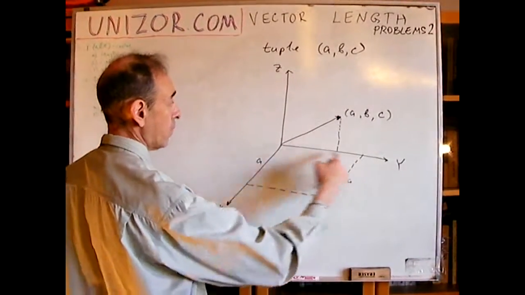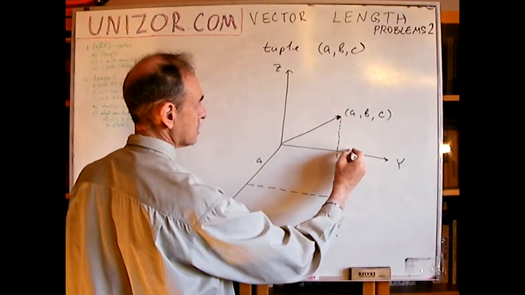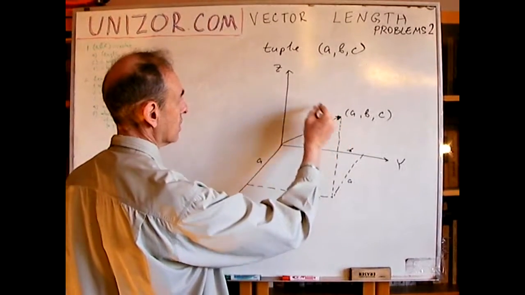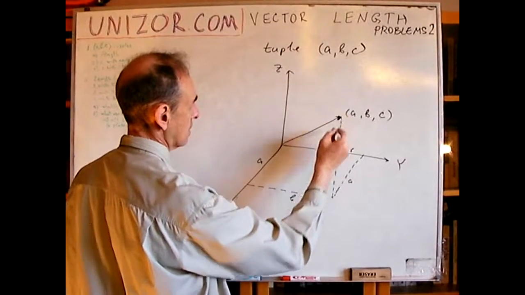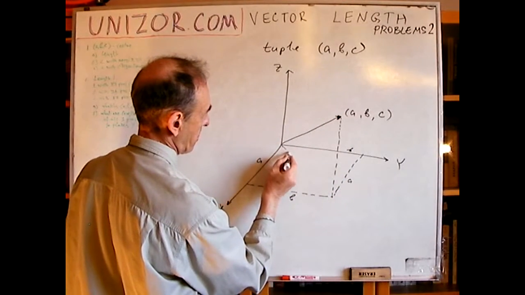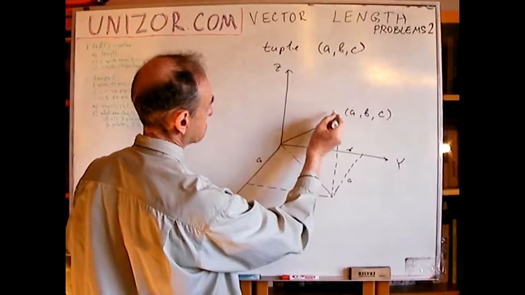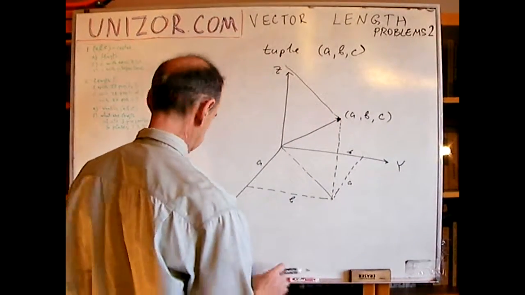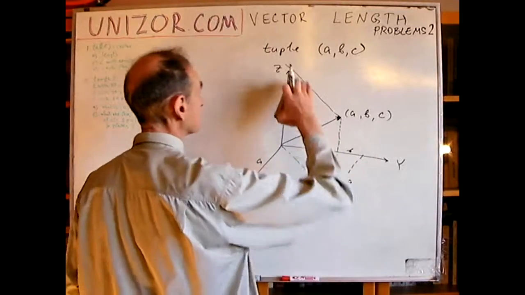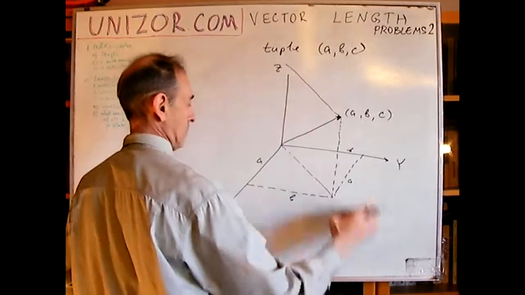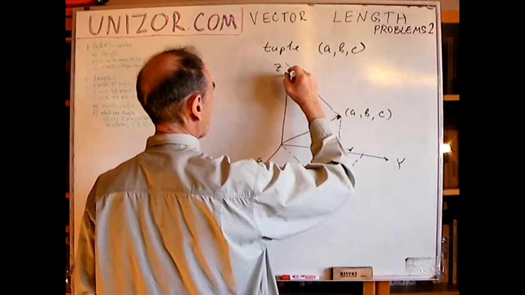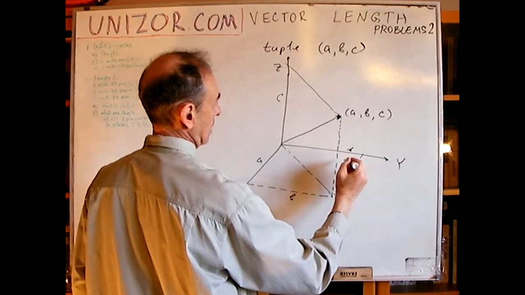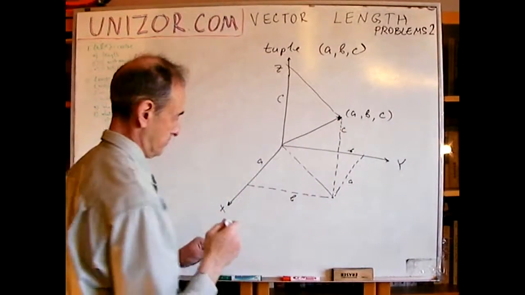The projection on y is b, which is the same as this. And the projection on z is something like this, right? So this is c, and this is c, obviously.